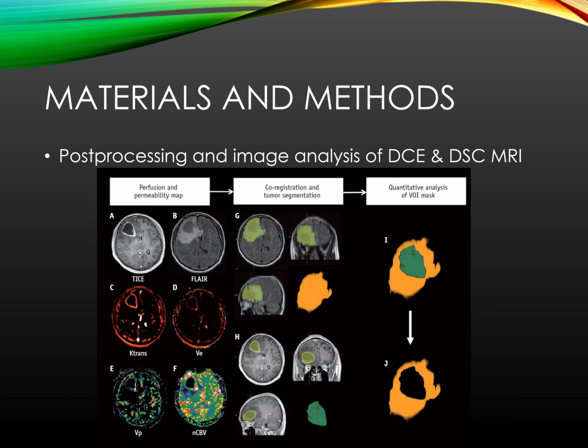Green color VOI. After subtraction of green color VOI from yellow color VOI, the final VOI of non-enhancing T2 high signal intensity lesions in only the peritumoral area is defined. Finally, parametric values are quantitatively calculated from the final VOI.